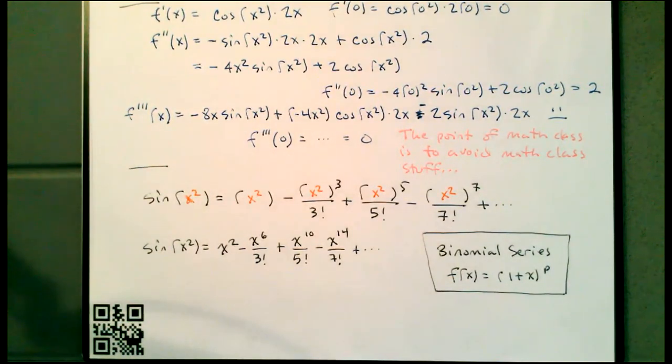This is our series for tomorrow. If you want to get a jump on it, start taking derivatives of the binomial series. And then we'll write down the Taylor series for the binomial series, and we'll practice a little bit with that. This is also known as the starving student series, because starving students binomial.